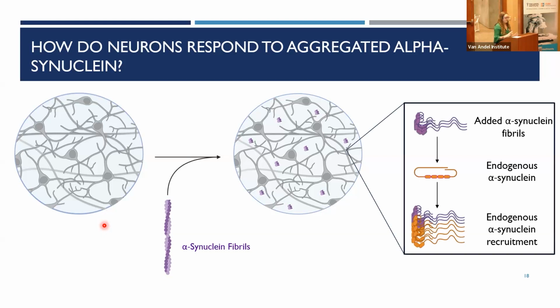And this is a response we like to watch and understand, because what has been shown is that if we have the aggregated alpha-synuclein and we put it in a system where we have a normal protein, the endogenous alpha-synuclein, that's normal, it performs its function how it should, the toxic state or the aggregated state will actually cause the normal protein to become aggregated and become toxic.